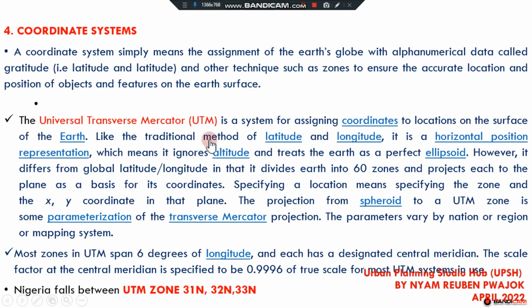Now I would like to explain what a coordinate system is. The coordinate system is very, very important too, because once you get a raster image of any location, let's say your institution, and you successfully add it into GIS software or QGIS, what you have just done is basically bringing a raster data into a software platform.